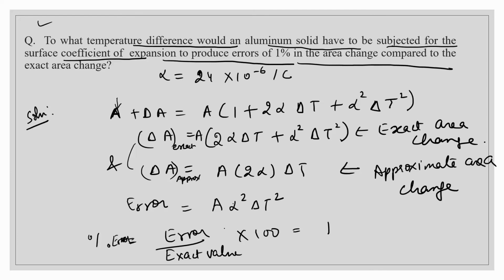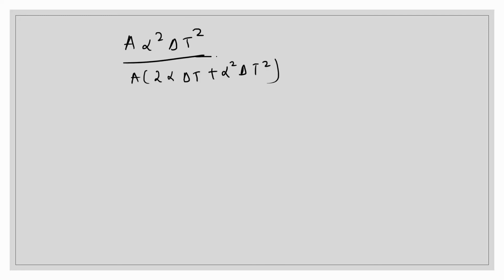It is given in the question what temperature difference an aluminium solid would have to be subjected to, so that the surface coefficient of expansion produces an error of 1% in the area change compared to the exact area change. So this is already given. I can write it in mathematical form: this one is the error, which I have already shown, divided by A, which is the exact value, and that will be equal to 1%, which is 0.01.